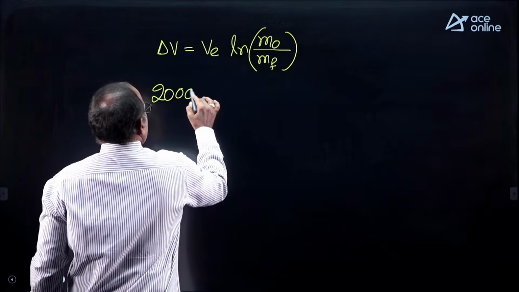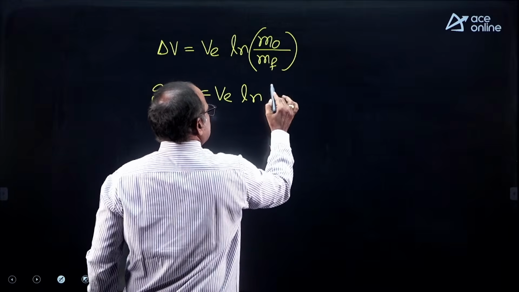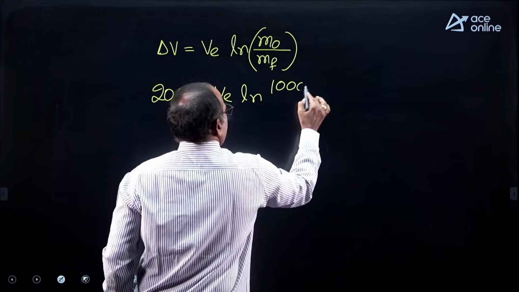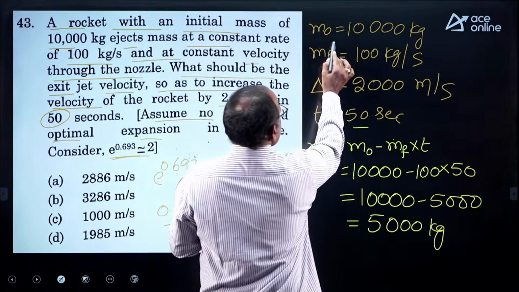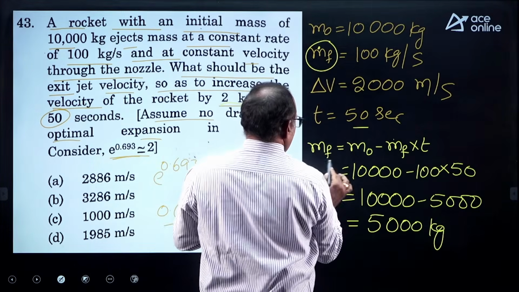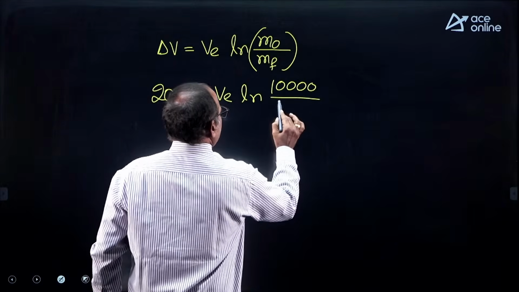So 2000 equals exhaust velocity into ln, the initial mass 10,000 divided by the final mass of the rocket, 5,000.